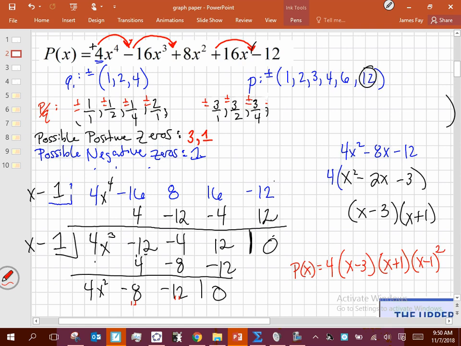Does that match up what we said about the rule of sign, that said I'm going to have 3 or 1 positive zeros. How many positive zeros do you have here? That's 1. That's 2. But 3, right? Because it happens twice. So we got 3 zeros. Is the X plus 1 a negative 0? Yeah, so that can help us kind of confirm that we have done things correctly.